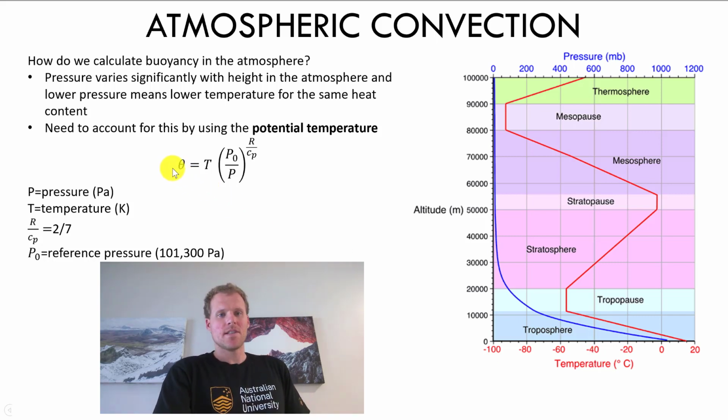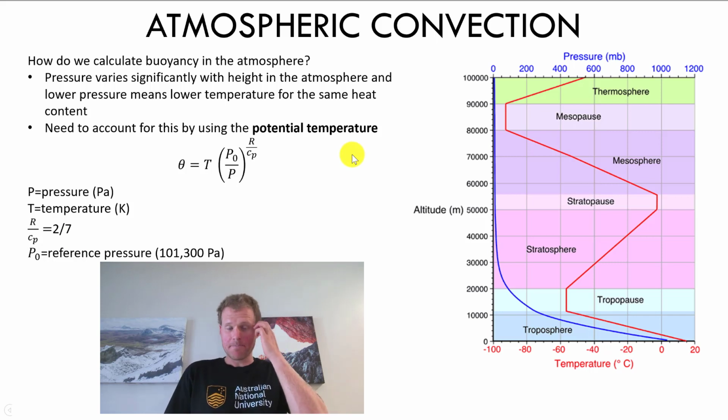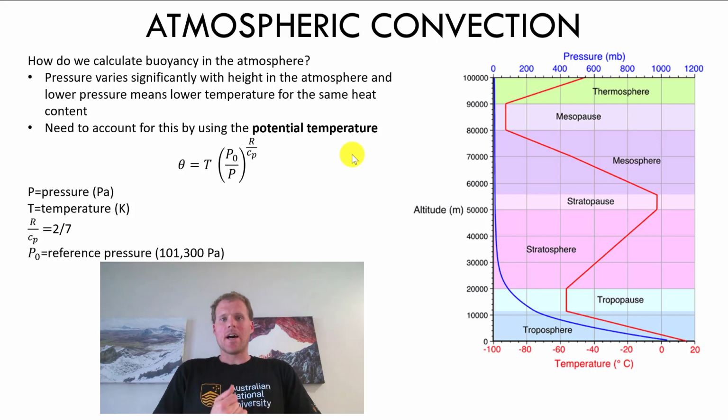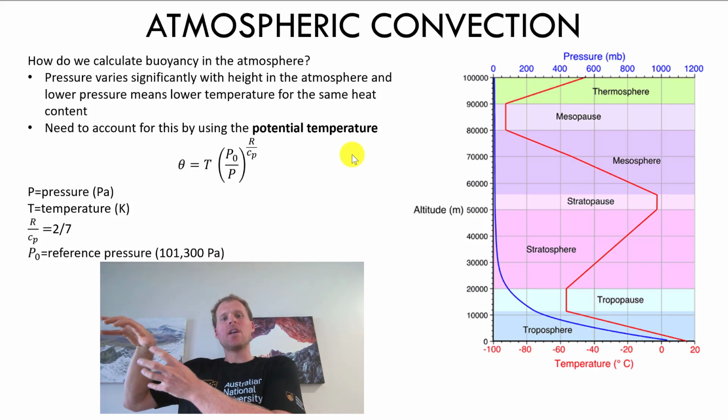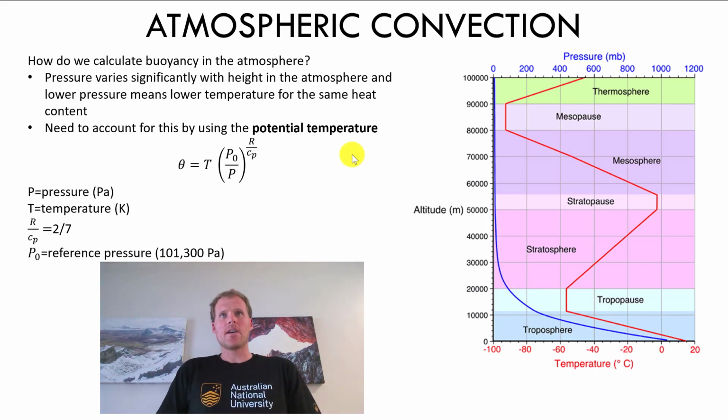So theta is the potential temperature, T is the actual temperature, P naught is some reference pressure, and P is the actual pressure, and this R on Cp is a constant that's about 2/7 for an ideal gas. And what this does is it references the temperature to a uniform pressure. So we can say whatever pressure your air parcel is at, let's drag it down to a particular reference pressure, which we usually use the surface pressure, and compare the different potential temperatures at that fixed reference pressure.